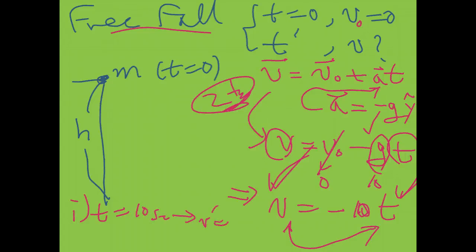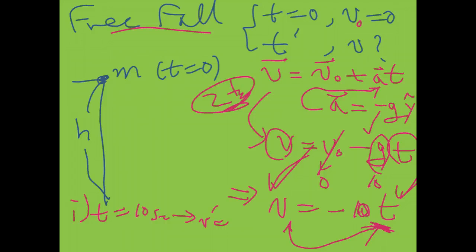What is the final velocity when time is 10 seconds? The velocity is negative because it's a vector, and a vector going down is negative, up is positive. So minus 10 times 10 is minus 100. After 10 seconds, the velocity is going to be 100 meters per second going down.